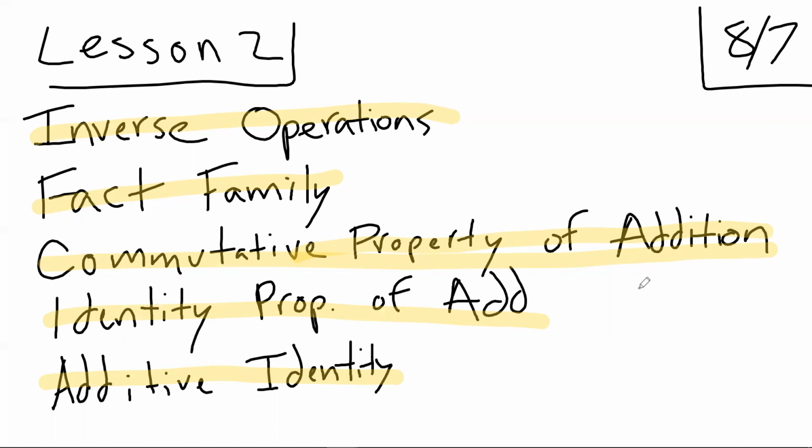Multiplicative identity. And then we have binary. We have associative property of addition. Associative property of multiplication. And that's it.